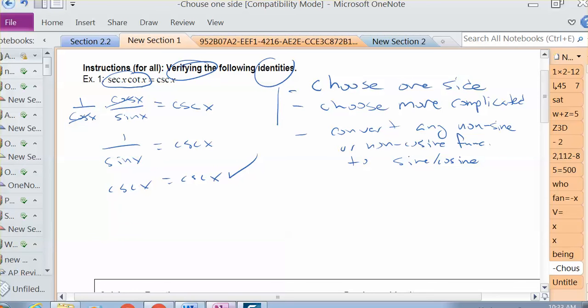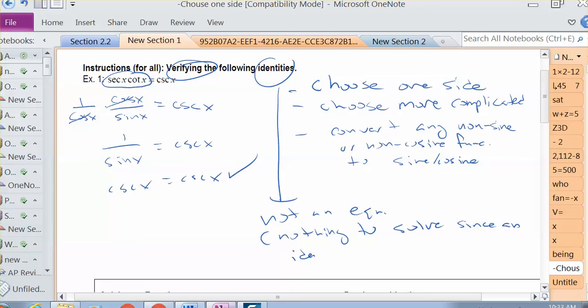And an identity also, keep in mind, is not an equation. There's nothing to solve, since an identity works for all real numbers for x.